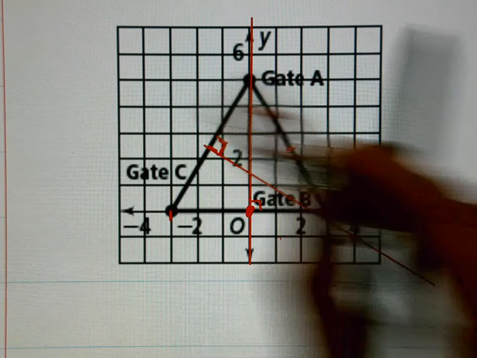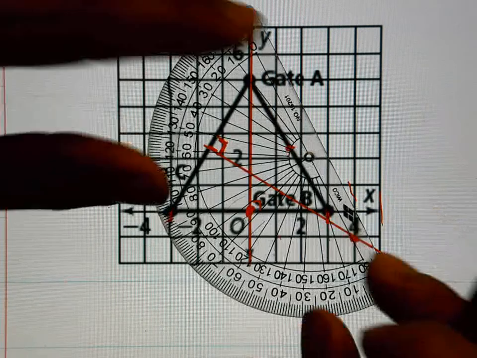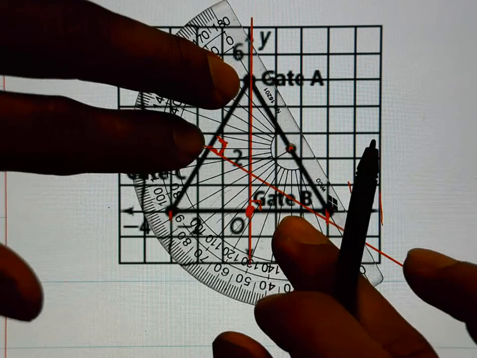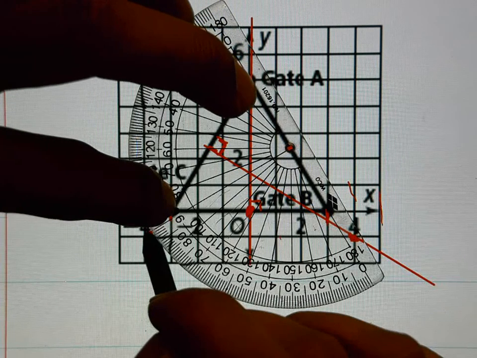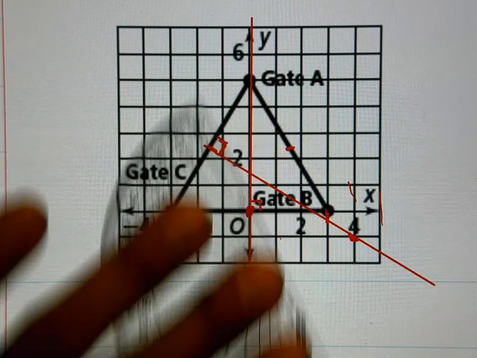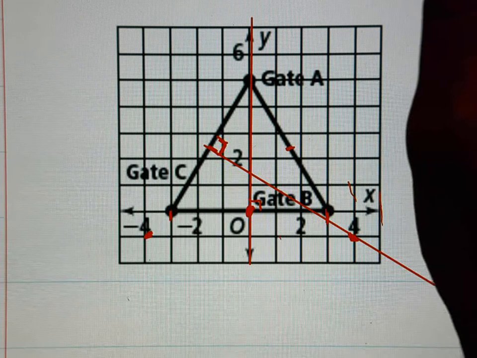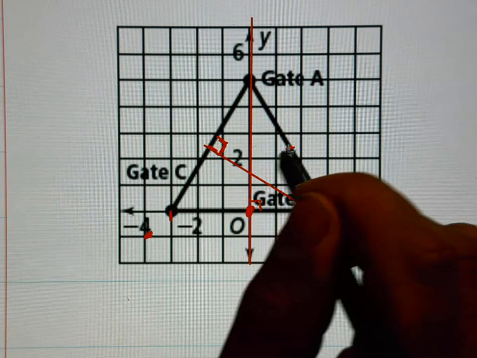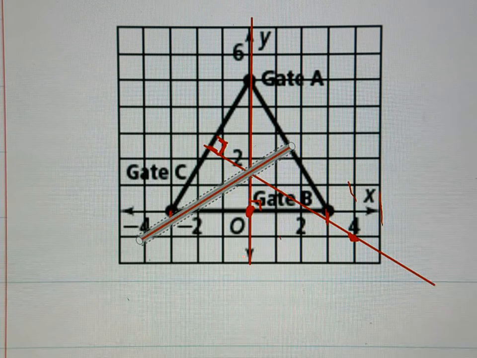Once you get that midpoint, you take a protractor, you put that right over it, you figure out where 90 degrees is. Don't assume it goes through the vertex of the other triangle. Once you get that, you take your ruler, you make your point, and what do you know?